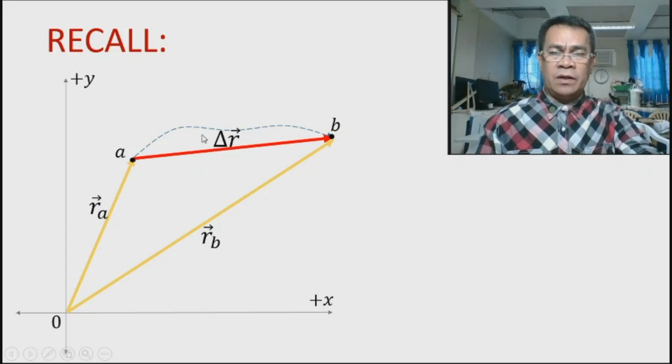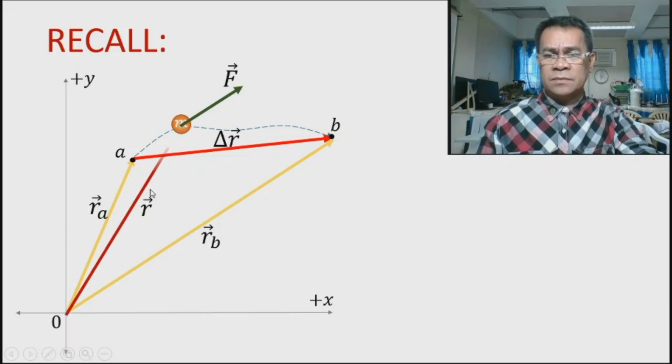Now, if we are asked how much work is done by the force traveling from A to B, all we need to do is consider the path, anywhere in the path. This particle with mass m is acted on by a force F. At any point in the curve or in the path, we have r without subscript, representing any position.